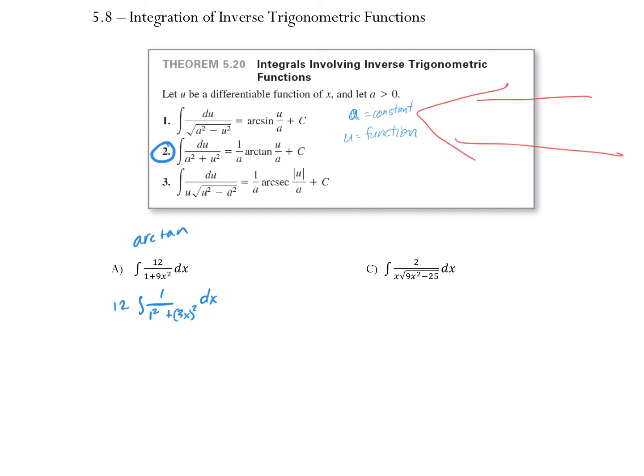Is everybody good so far? So as I look at this, the first thing we're going to do, we're just going to identify what are a and u. And in this case, a would be 1, and u would be 3x, and du would be 3dx.